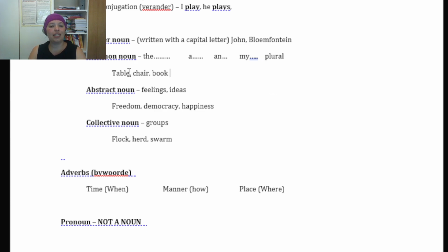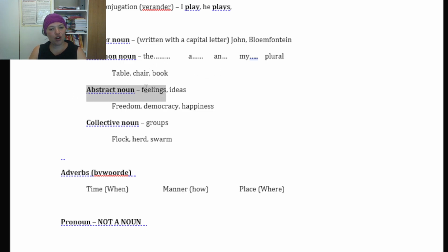So we've got table, the table, a table, my table, your table, tables. One table, two tables. En dieselfde met chair, the chair, a chair, my chair, chairs. So dan kan jy toets of dit 'n common noun is of nie.